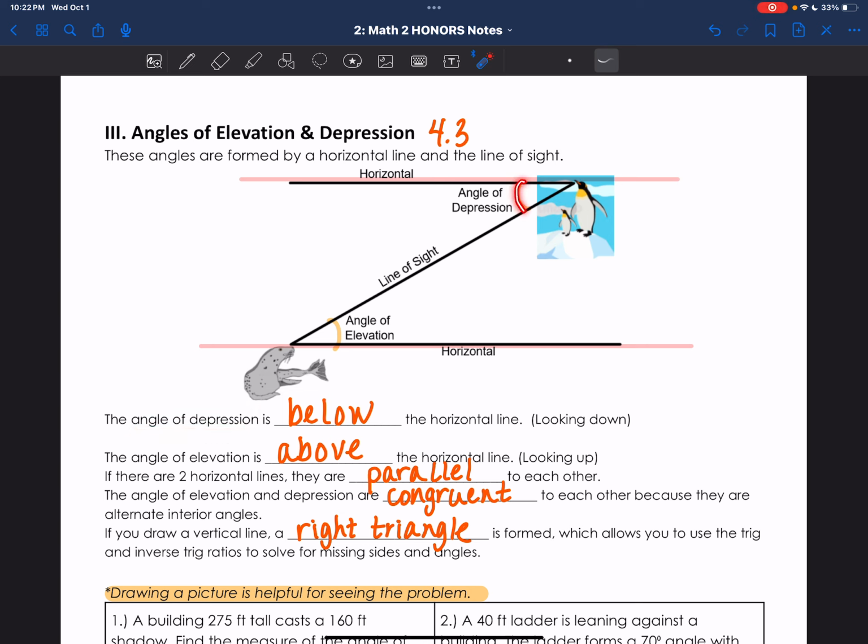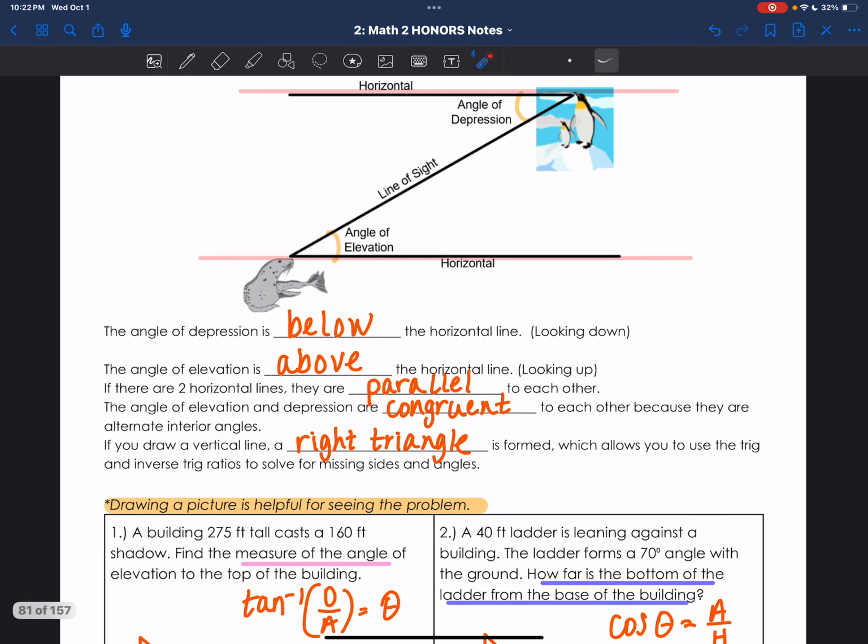So the angle of depression, here's one of your lines, and you're looking down. The angle of elevation would be your other horizontal line, and you're looking above, or looking up. If you notice, these are congruent because they're alternate interior angles.